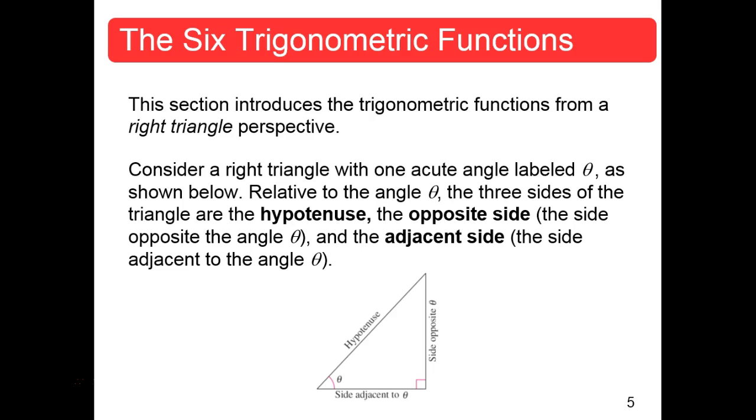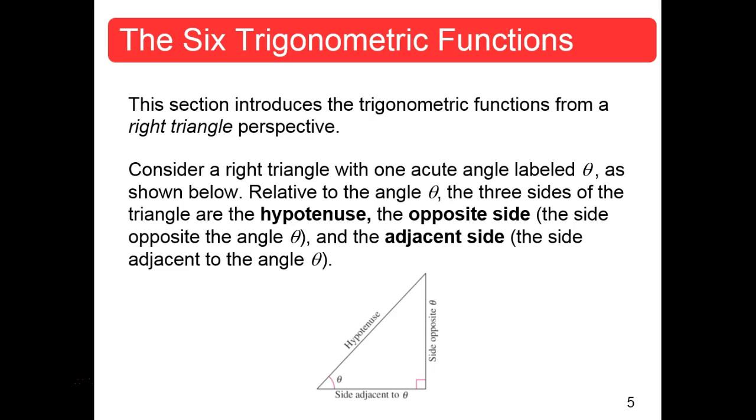So this is one of the shorter sides, opposite that angle. This one is adjacent to the angle, because it touches the angle. So we're going to call them opposite side, adjacent side, and hypotenuse, relative to whichever angle we happen to choose.